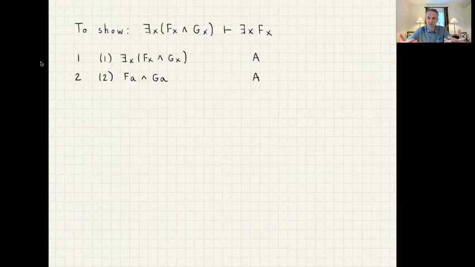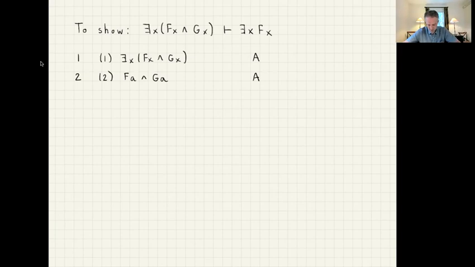So if I say there is something that's F and G, and you and I agree, the next move I could make is let's make up a name A for one of those things that is F and G. We don't know which one, but we agreed there is something that's F and G, so let that thing be called A. So in truth, the assumption here on line 2 just says A is F and A is G, but in the background, the idea is let A be the thing that is assumed to exist that is F and G. Let it be one of those things.